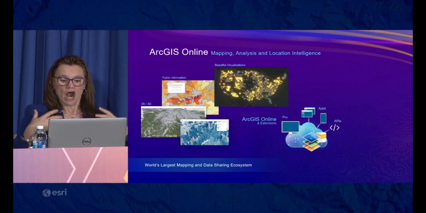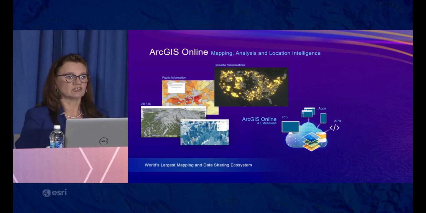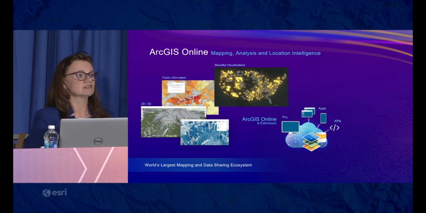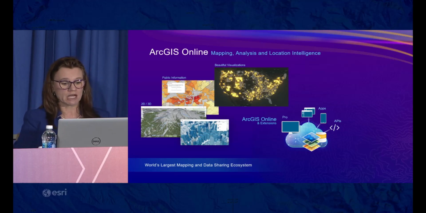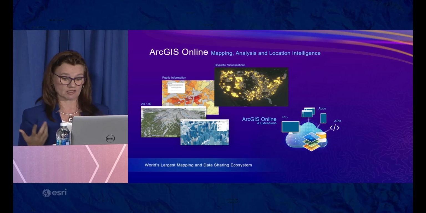And then ArcGIS Online is another component in the ArcGIS system. We mentioned it earlier. It's a key component of our WebGIS. ArcGIS Online can serve as a cloud workspace or as a portal.